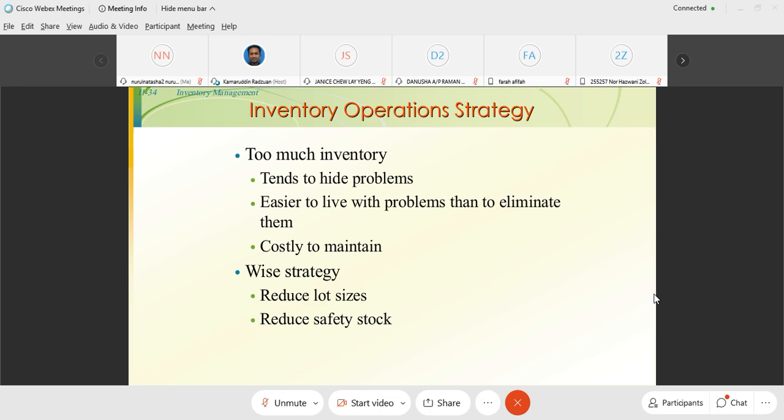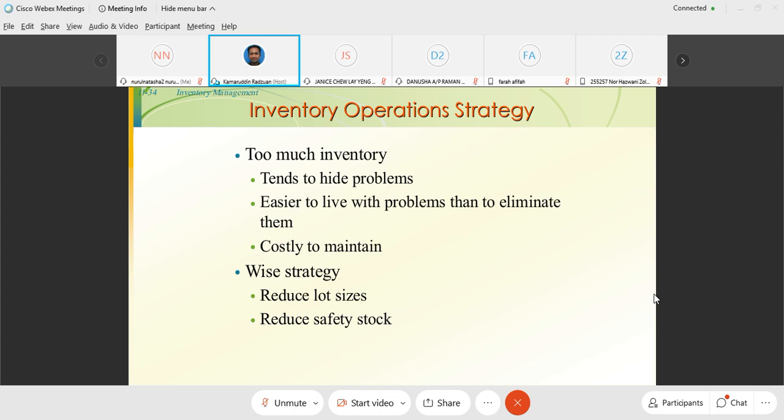So to conclude, in inventory operation strategy, if we have too much inventory, this huge amount of inventory tends to hide problems in the organization. Of course, it's easier to live with a problem than to eliminate it.